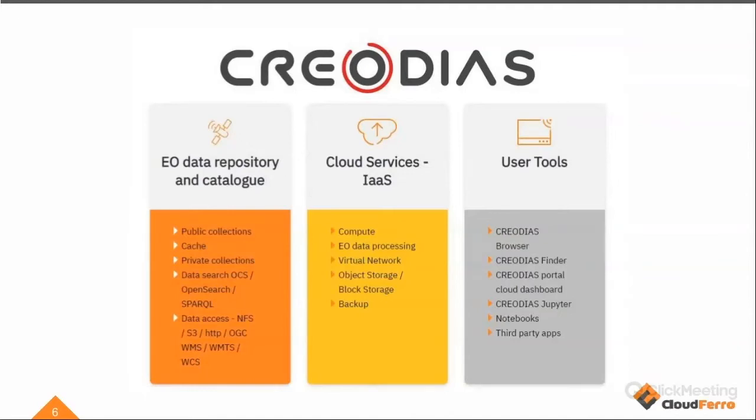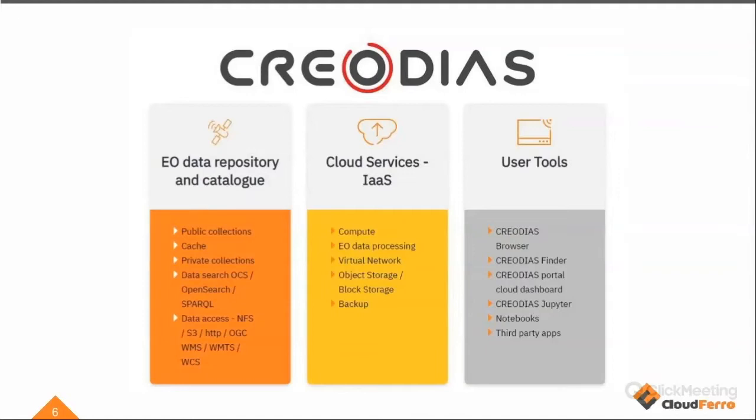Also, you can find different types of storage: object storage and block storage, depending on your needs to gather the datasets and also outputs of your analysis. And also a backup service, so your data or your processes won't be lost.